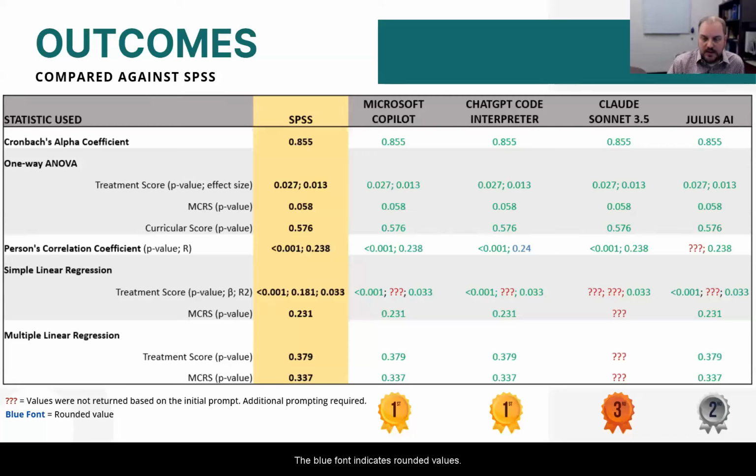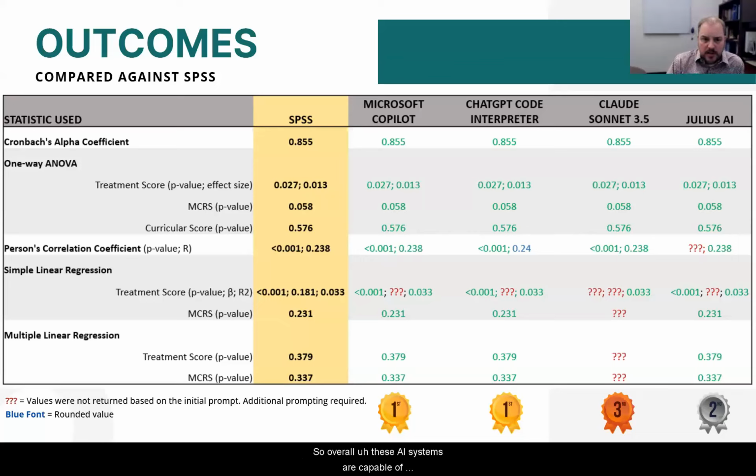The blue font indicates rounded values. All of the red question marks indicate that the values were not returned based on the initial prompt. So additional prompting was required to more explicitly ask for certain values from some of these systems.